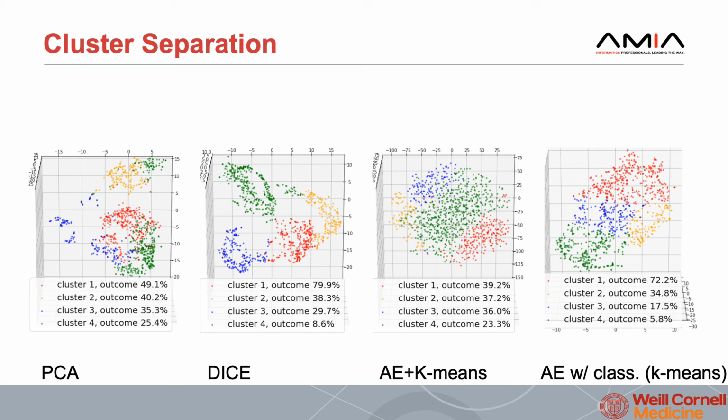And as I mentioned, in the four clusters generated by DICE, the first cluster had nearly 80% of the outcome discharge home, followed by 38%, nearly 30%, and 8.6%. Whereas with PCA, for example, we can see that it is not outcome driven, as in there isn't too much difference in terms of the clusters' incidence of the outcomes.